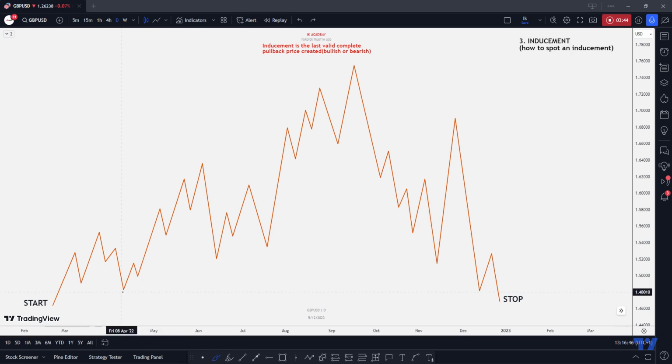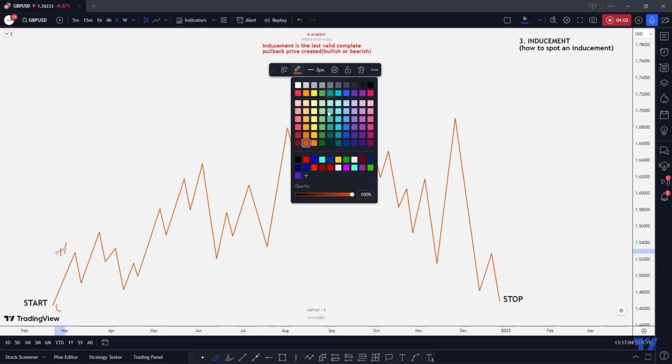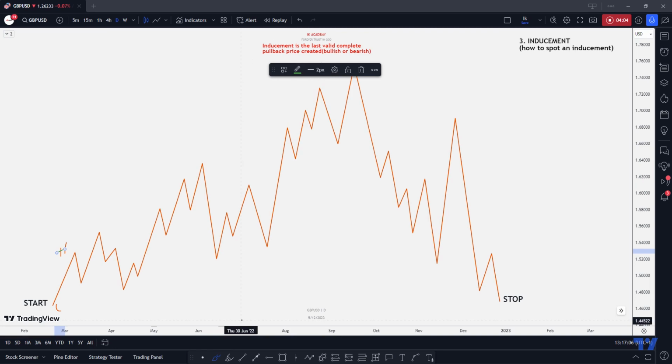So now, journey from this point, you have price creating this low. This is going to be our low. Oh, sorry, this becomes our lower low, and then this becomes our higher high.